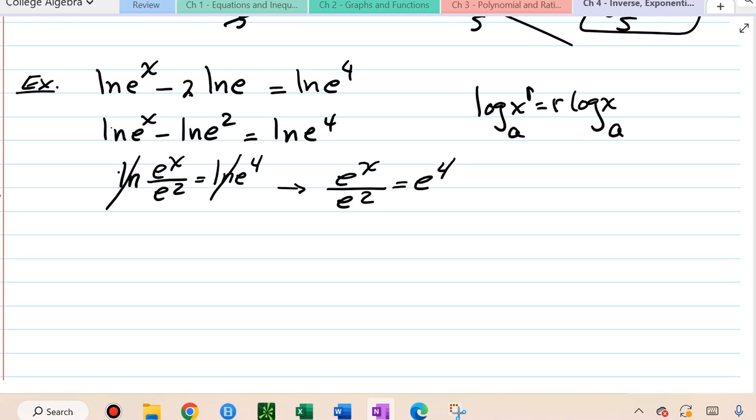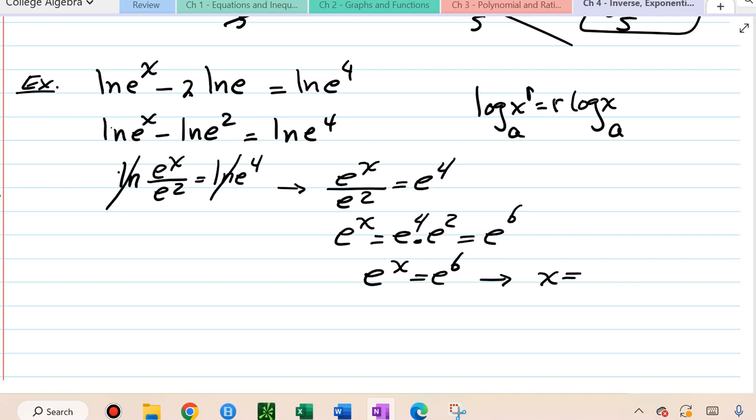Multiply both sides by e squared. So we get e to the 4 times e squared. Because of the product rule of exponents, common base, we add the exponents. So this is going to be e to the 6th. Therefore, e to the x is equal to e to the 6th. And from this, using the principle of exponential equality, we get x is 6.